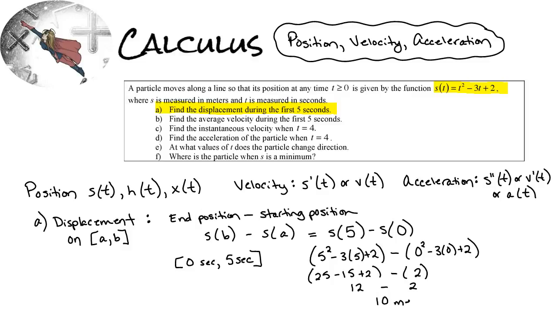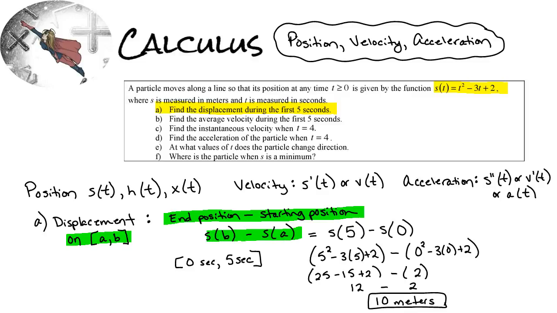So it's 10 meters for the displacement answer. But the one thing you can remember for any problem, not just this particular problem, is that it's end position minus starting position. So on a certain interval, you plug those two numbers into the position equation that they give you, s of b minus s of a.